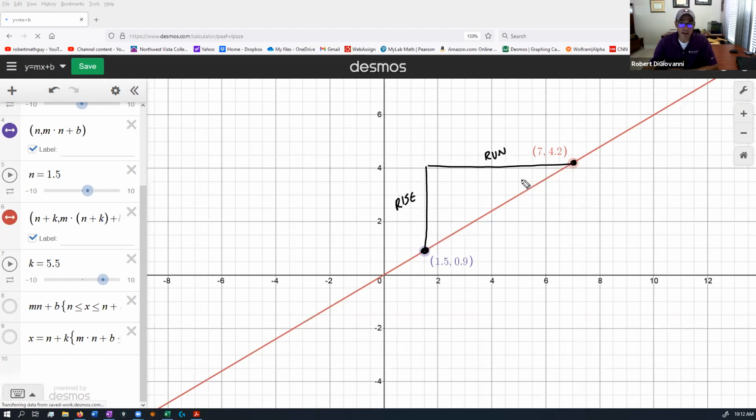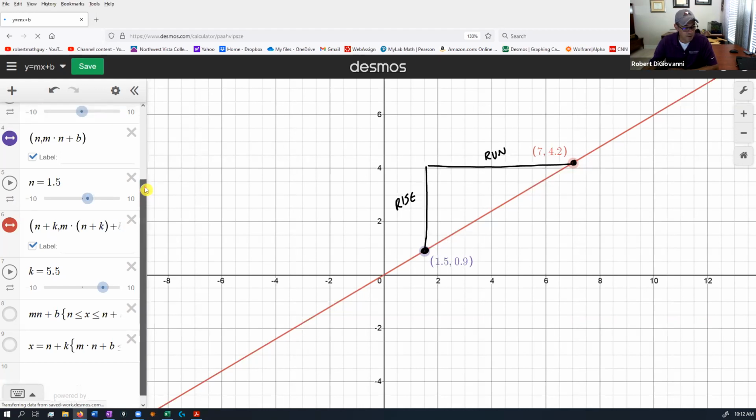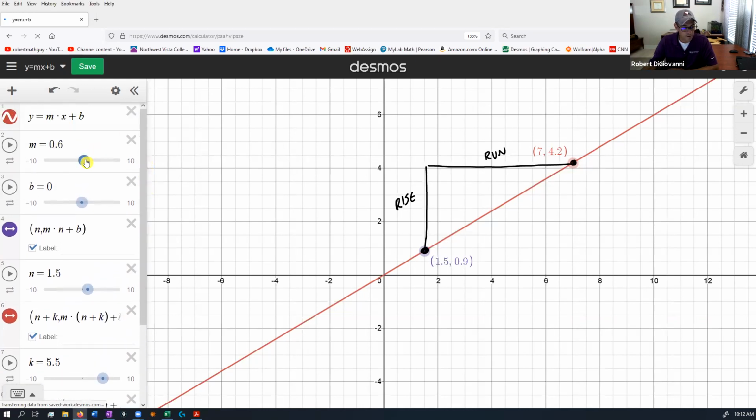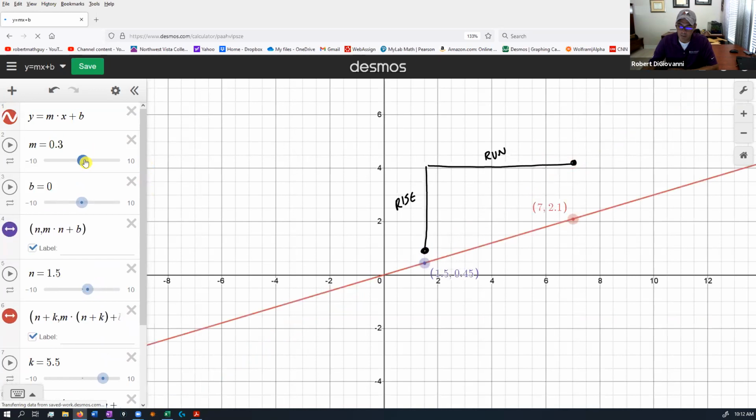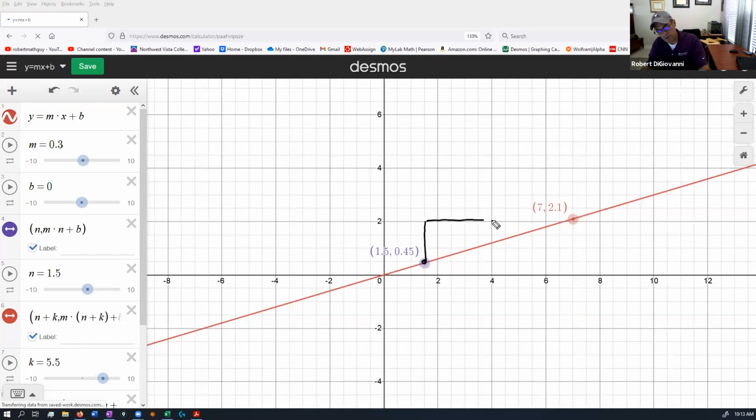Now, if I change the pitch of the line, that changes the rise over run, doesn't it? This is no longer the same, right? Now our rise is this much and our run is that much. So that's a different rise and run than we had before, right?